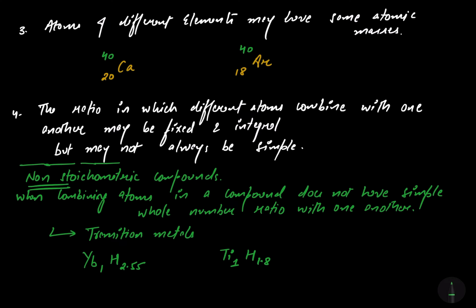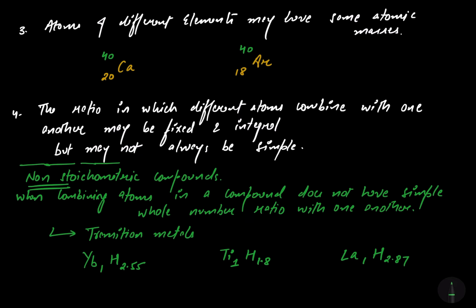It's not a simple ratio. Another example is lanthanum hydride. Here the ratio is again not whole numbers, 1 is to 2.87. So you can easily see that the ratio is not whole numbers. It's a non-stoichiometric compound. So the ratio in which different atoms combine with one another may be fixed and integral, but may not be always simple. So I have given you the example.